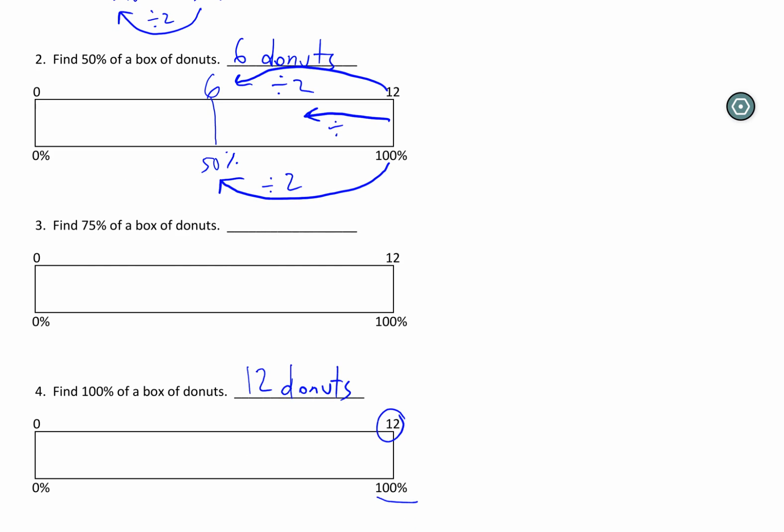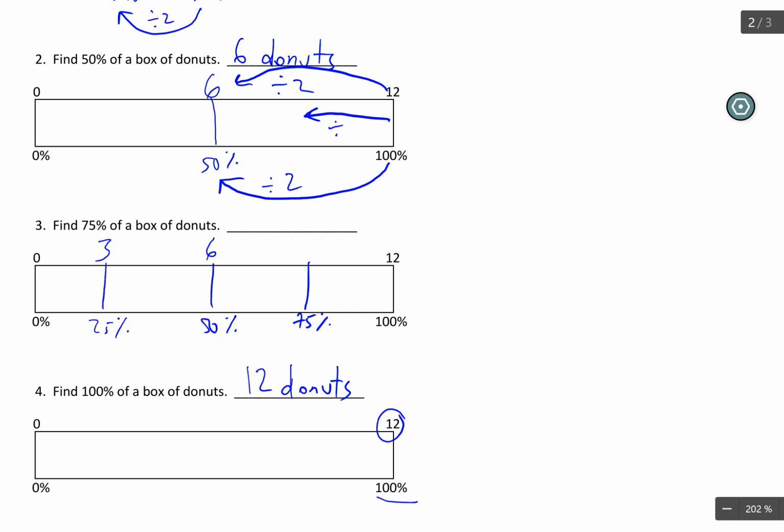So now that I know 25% and 50%, I can find that other 75%, that other fourth. So 1/4, 2/4, and 3/4, which I know is 25%, 50%, and 75%. I know 50% is 6, 25% is 3, and I have 2 ways to do it.